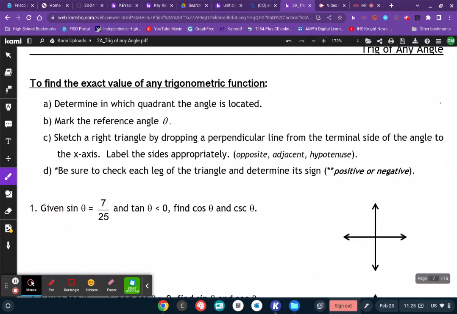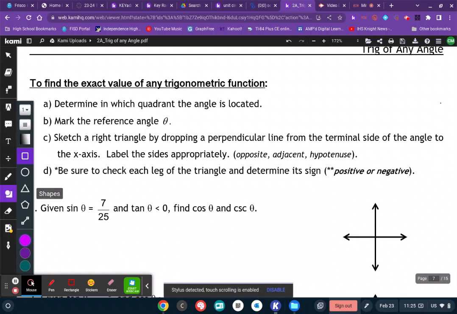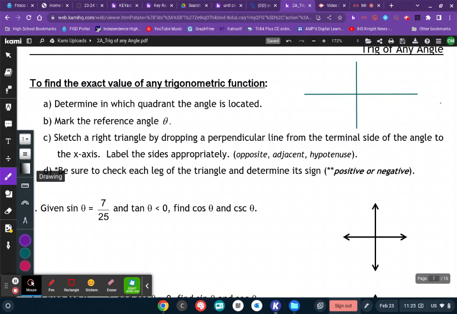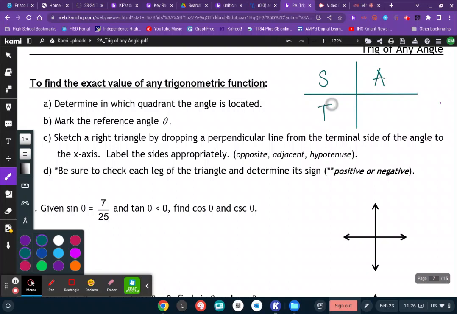Another thing we want to recall is our little acronym that we used in order to be able to determine where the trig functions are positive. Remember, all students take calculus.